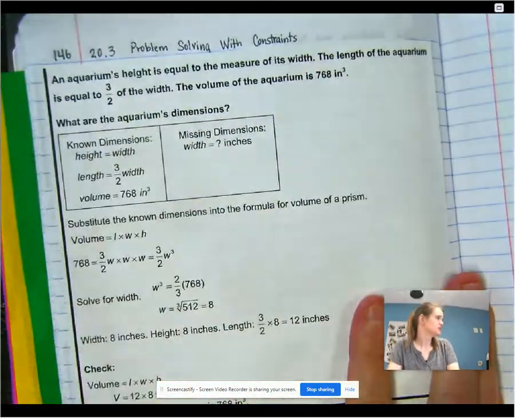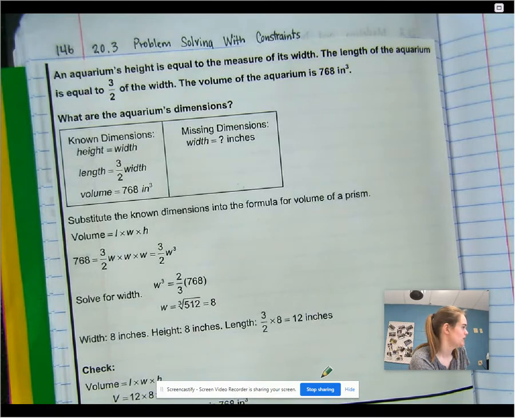There we go. Go ahead and start on the assignment. It is with this lesson.